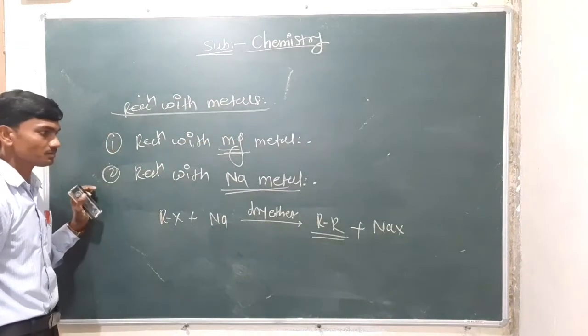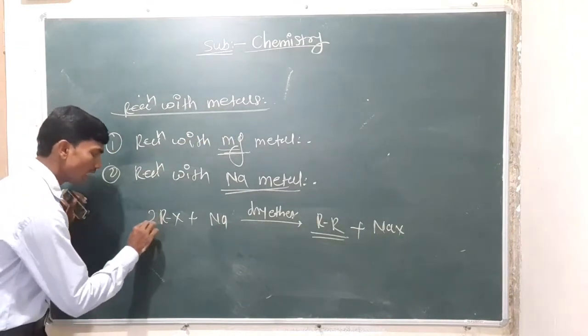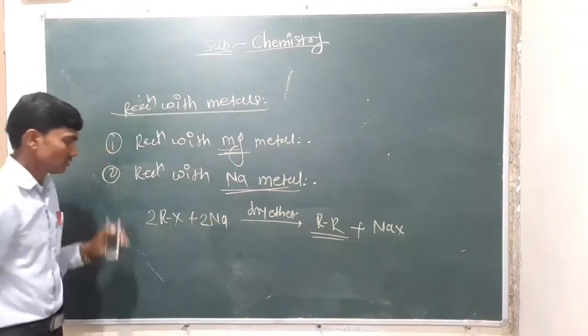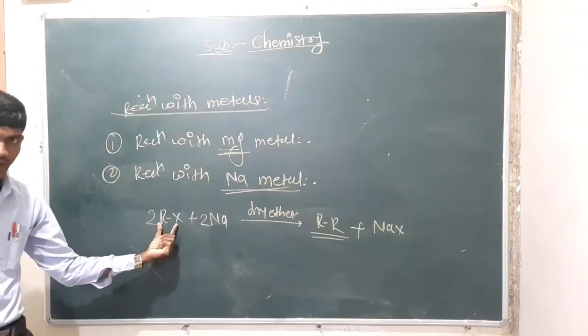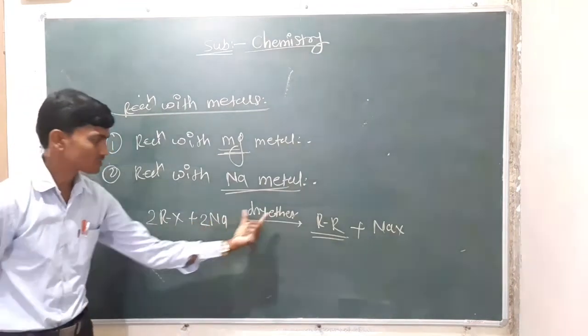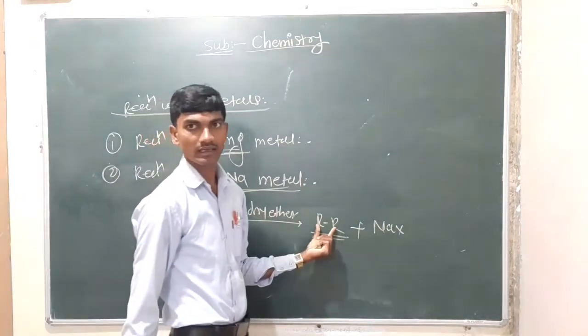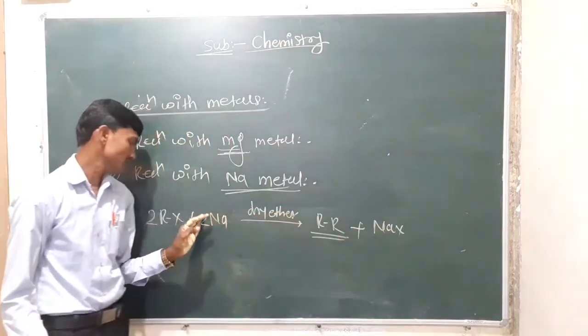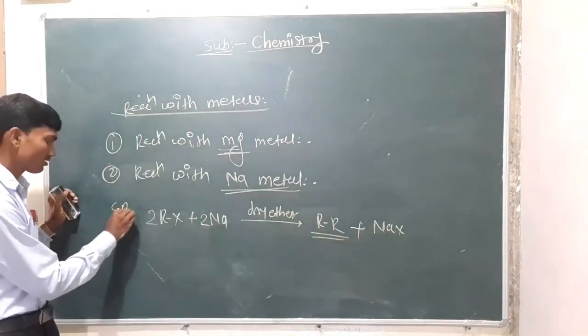In this reaction, two alkyl halides are necessary. When 2 moles of alkyl halides react with sodium metal in the presence of dry ether, they form higher alkane and sodium halide. This is the general reaction.